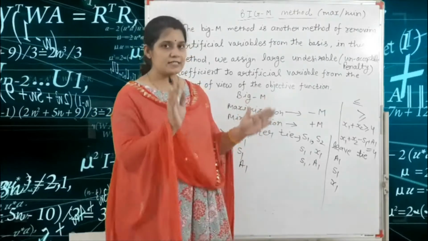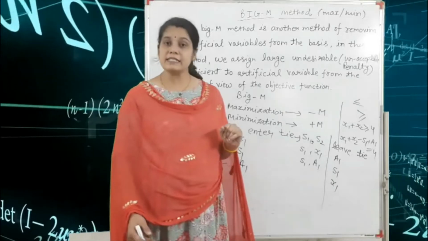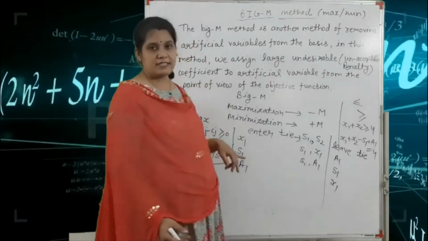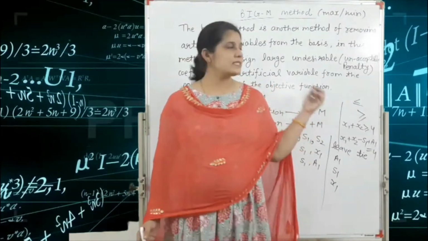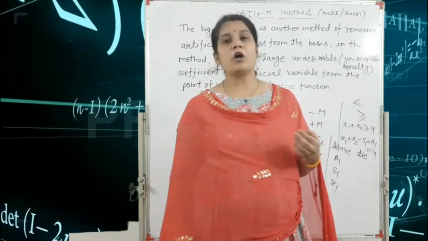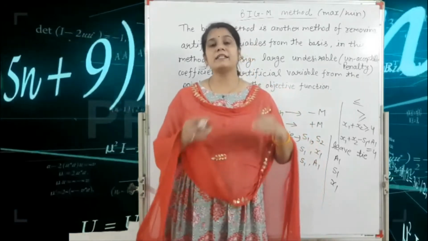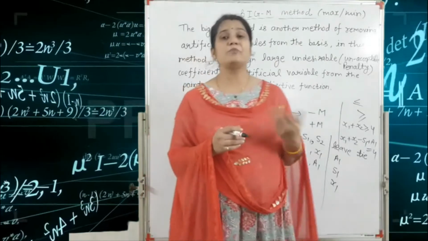So this is our last condition. And for minimization, Zj minus Cj is always less than or equal to 0. Okay, so these are some basic points according to the Big M method. Always keep in mind the Big M method is used for both maximization and minimization.